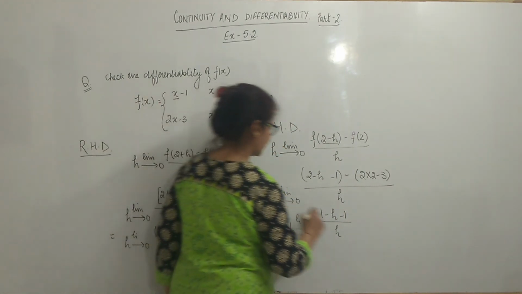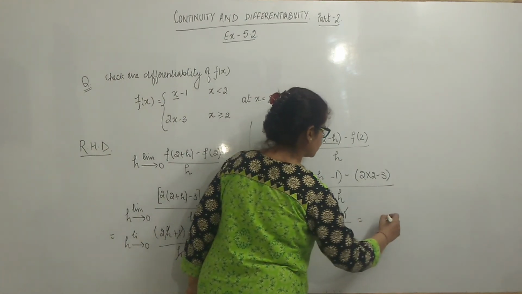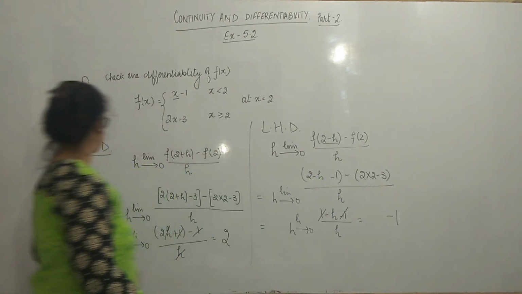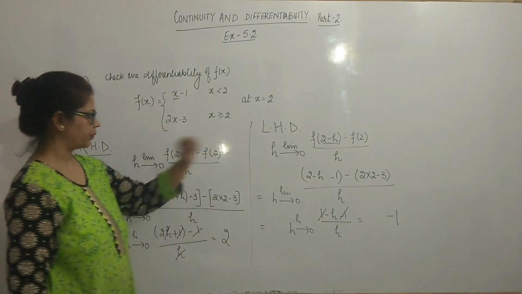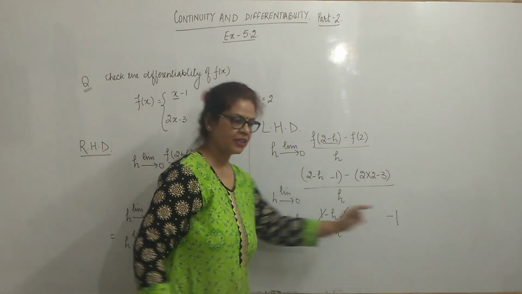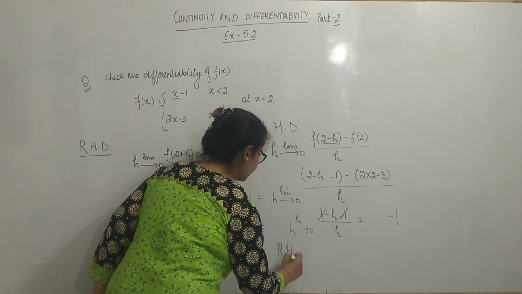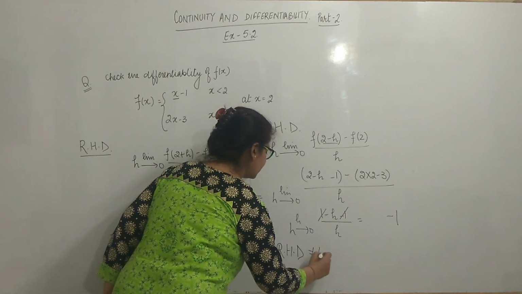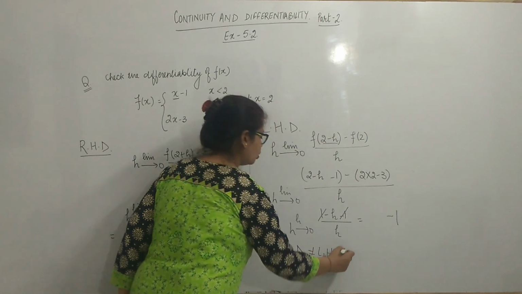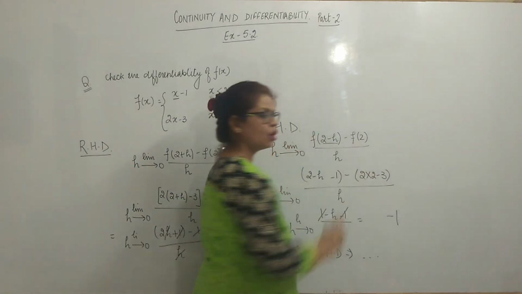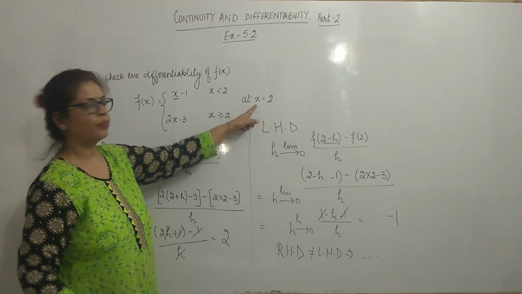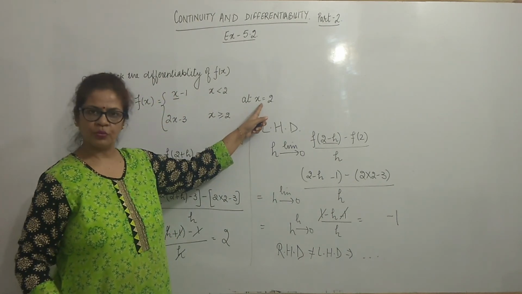Just put equal sign. This is minus 1. Look, the right hand derivative is 2. The left hand derivative is minus 1. Both are not equal. So the function is not differentiable at the given point x equal to 2.